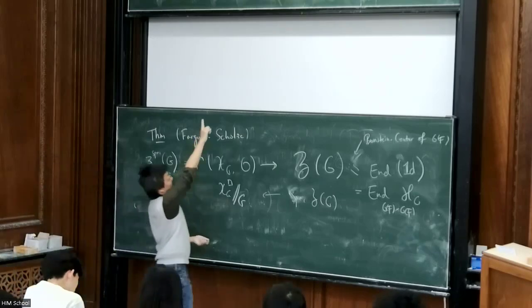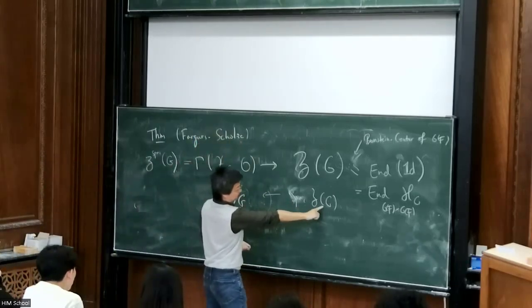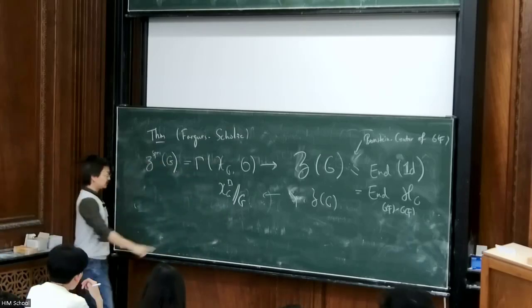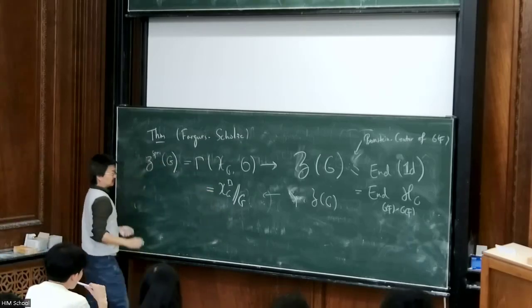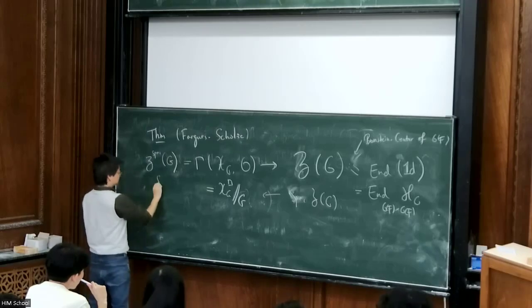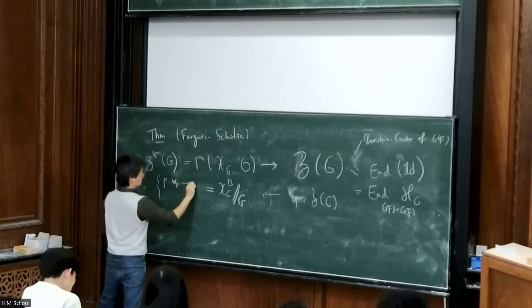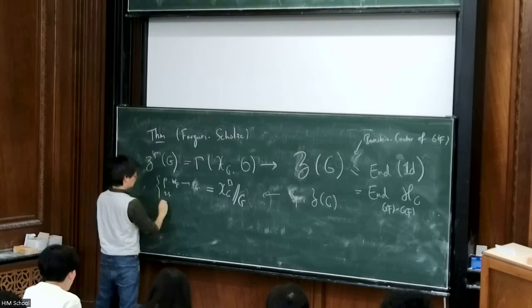So if you have a representation with a central character, it gives you a point here, it will give you a point here, and by some theory of pseudo-representations, it actually classifies a semi-simple representation.